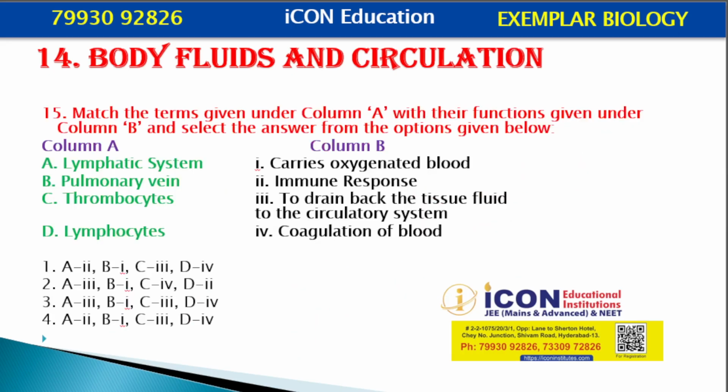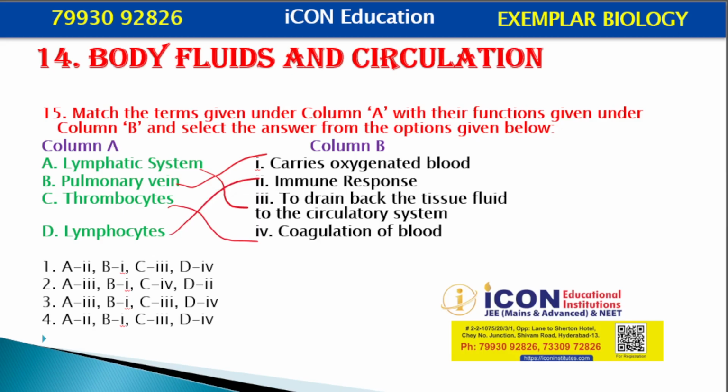Match the terms given under column A with their functions given under column B. Lymphatic system is a system to drain the tissue fluid to the circulatory system. Pulmonary vein, the vein which carries oxygenated blood. Thrombocytes, cells which are helpful in the coagulation of the blood. Lymphocytes T and B for immune response. So where do we find the answer here?